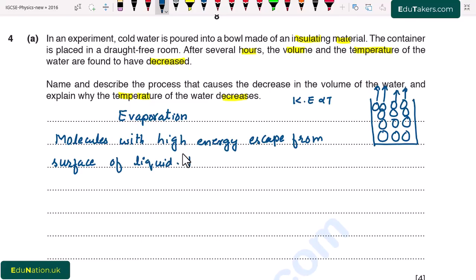Molecules with low energy are left behind.